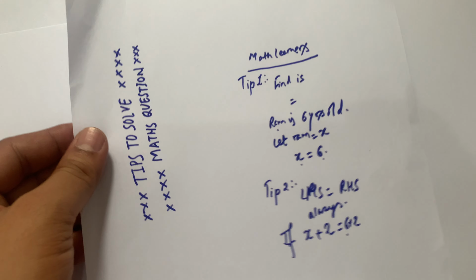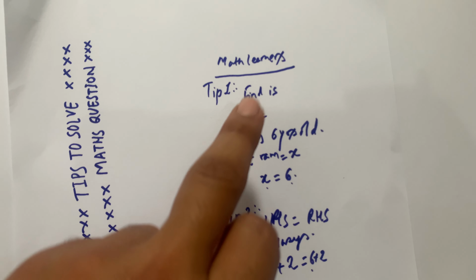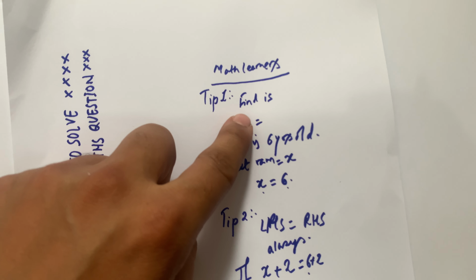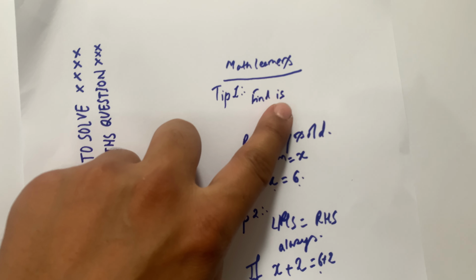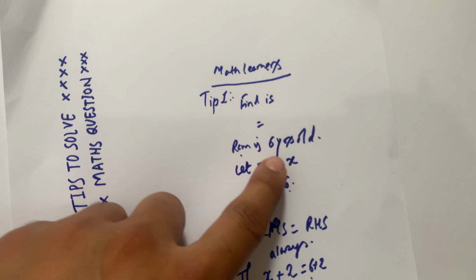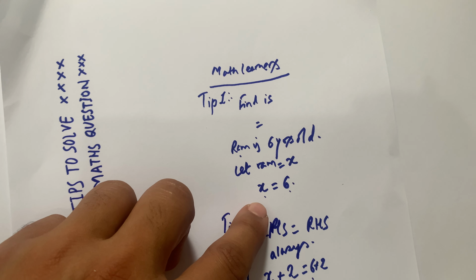Then another one. For math learners, here are tip 1 and tip 2. Tip 1: find where it is equal to. For example, in a question, if Ram is 6 years old, it means let Ram be equal to 6 and X is equal to 6.